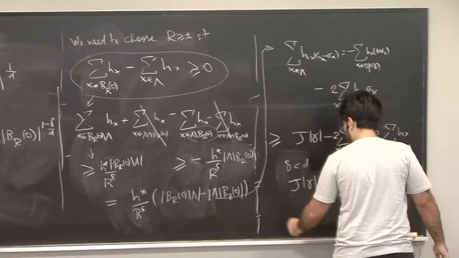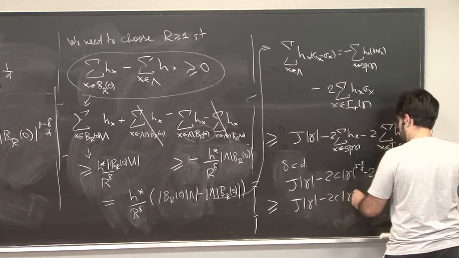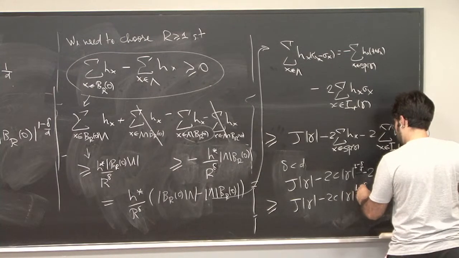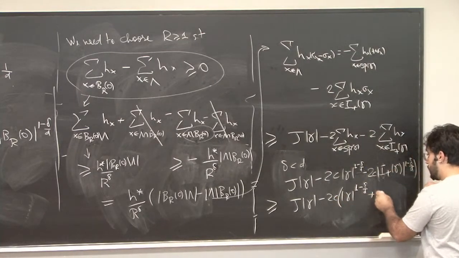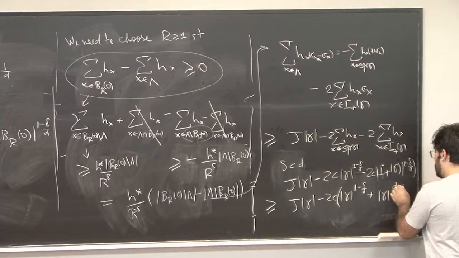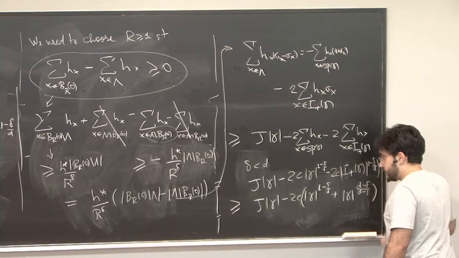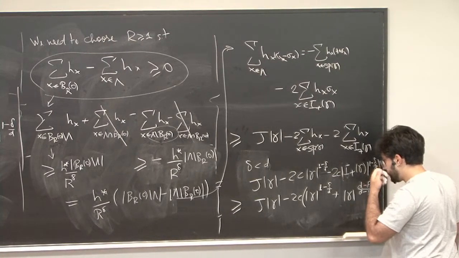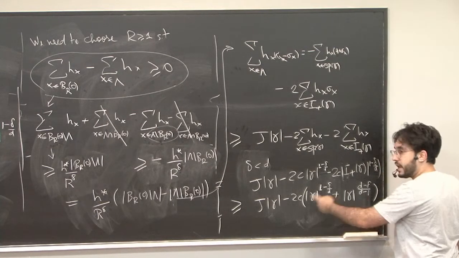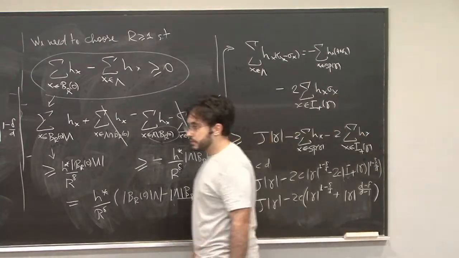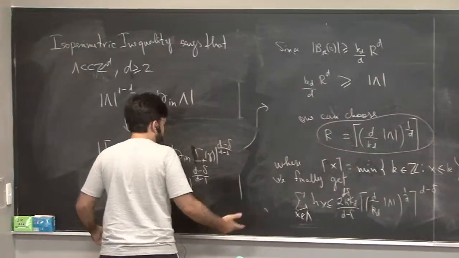Then you get that this is larger than j gamma minus 2c gamma to the 1 minus delta over d plus gamma to the (d minus delta) over (d minus 1). Yes, this we did last week exactly.